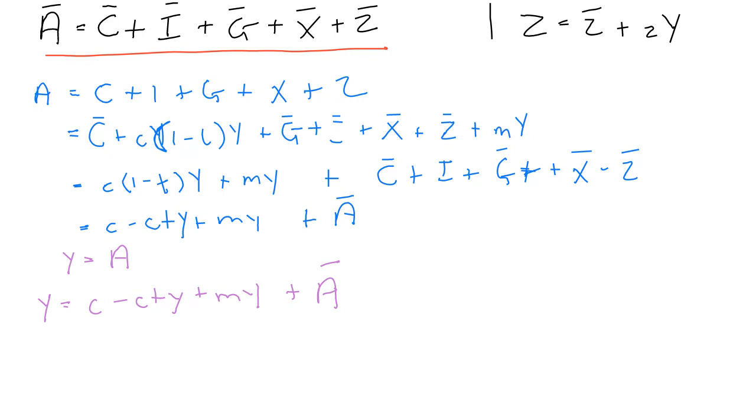Sorry, and this is meant to be CY actually. I forgot to multiply it over here. So we want all the Y's on one side, and therefore it'll be Y minus CY plus CTY minus MY. Actually, this should be a negative over here. Sorry, guys.